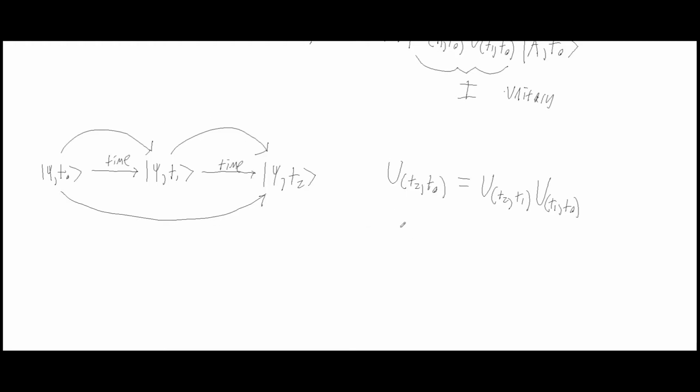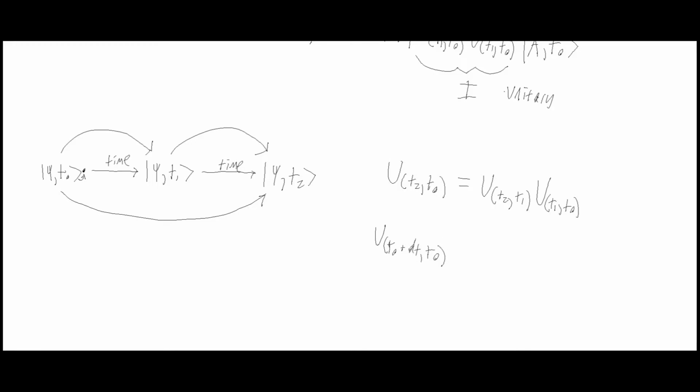And we can say then that our U of t1, t naught here, we can call that U of t naught plus dt, so plus some small infinitesimal amount of time, and then t naught. So that's essentially like we're going from here, then just right to something infinitesimally close to it right there.